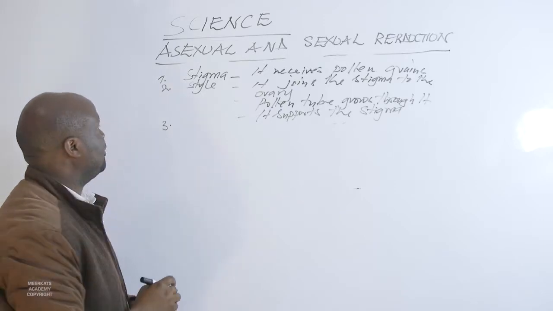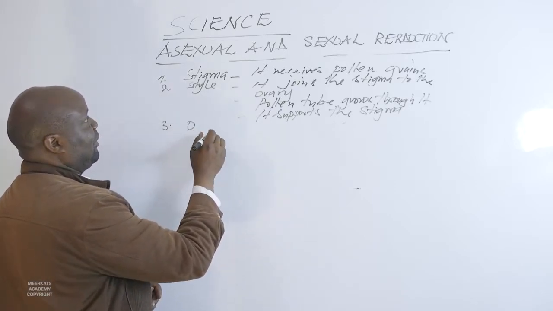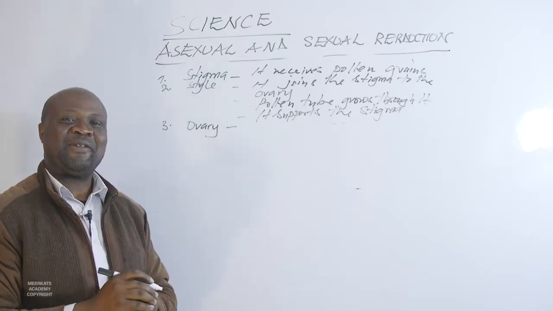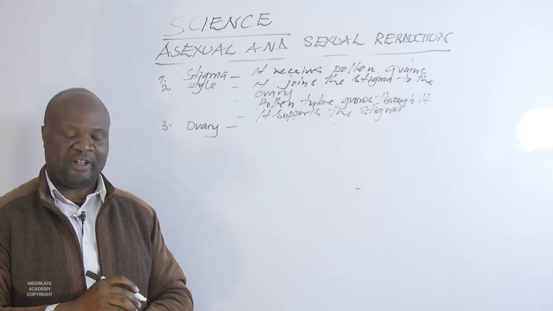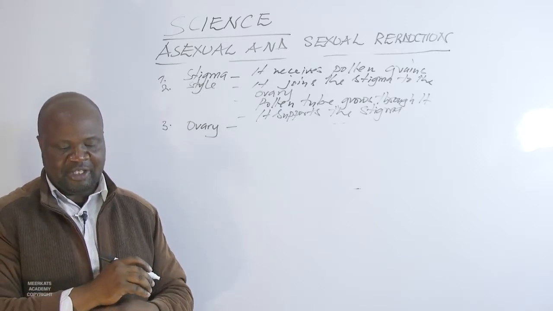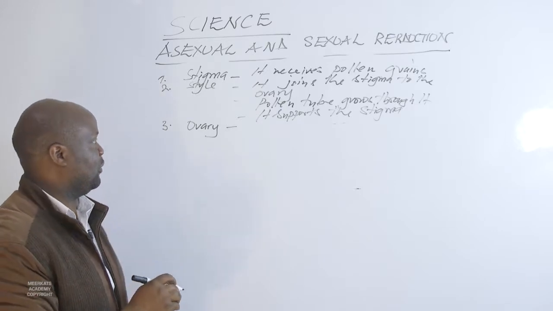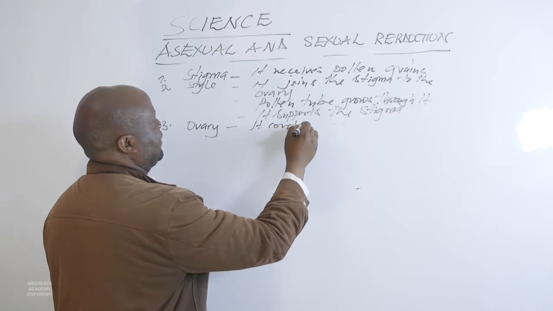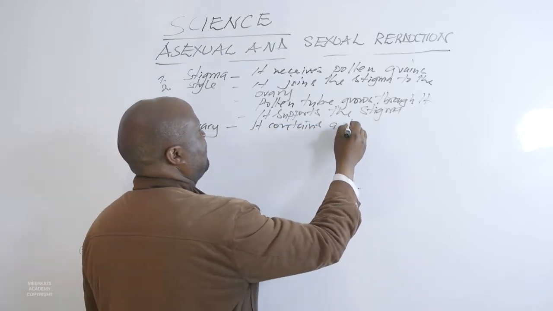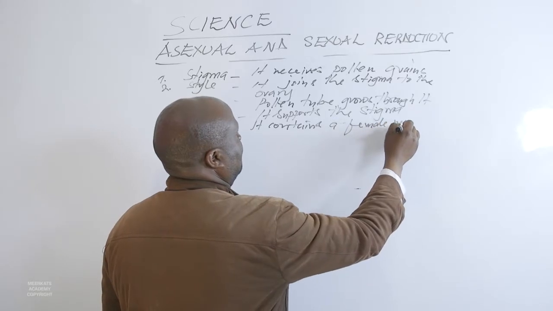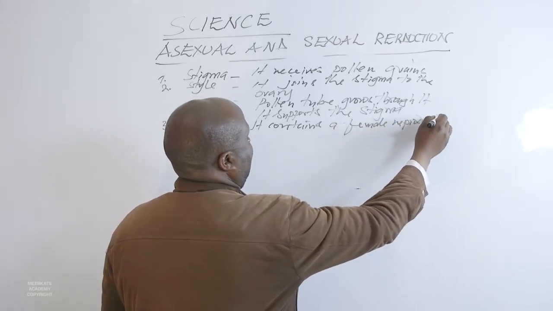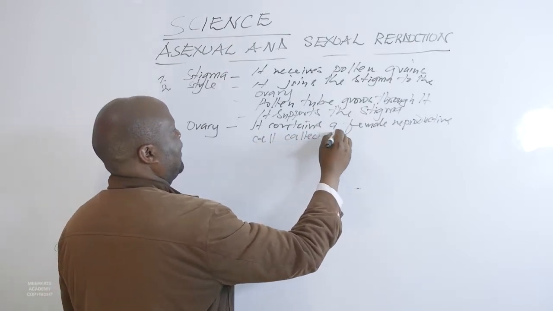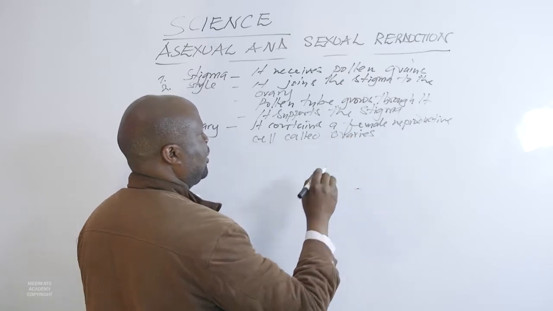We can go to another part called the ovary. It is another part of a flowering plant. What is an ovary? We are saying an ovary contains the female reproductive cells called ovules.